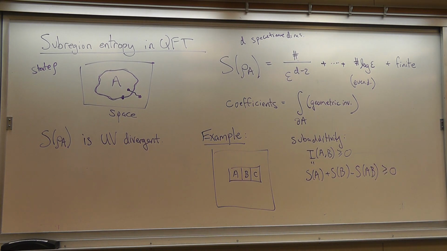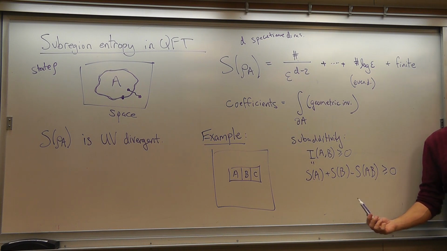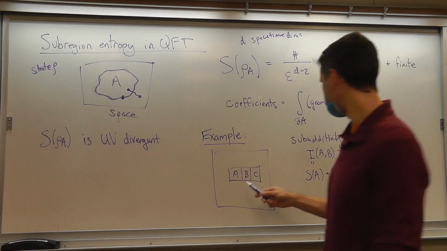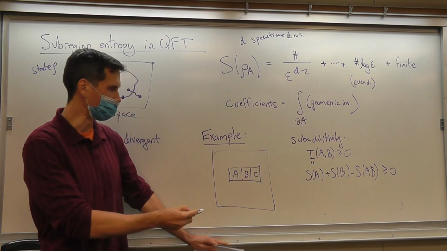This is non-negative. And we might like to learn something about quantum field theory from an inequality like this, but it's totally trivial. Subadditivity in this setup is completely trivial because it's already true from the UV divergences.